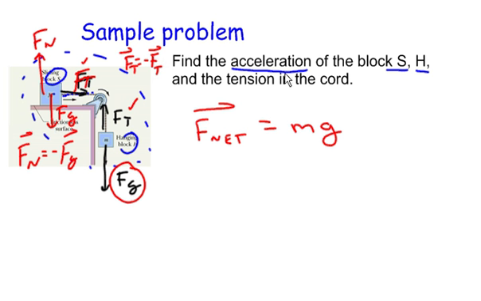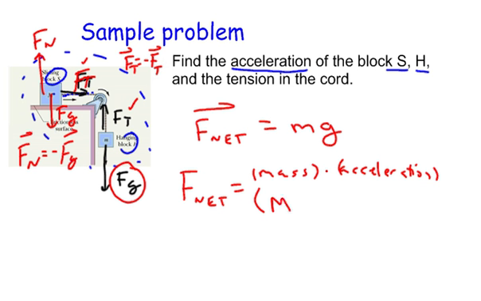We know that net force equals mass times acceleration, but the mass here is the mass of the entire system. It is big M plus little m, times a. And that net force, well, we found that. It's just little mg.